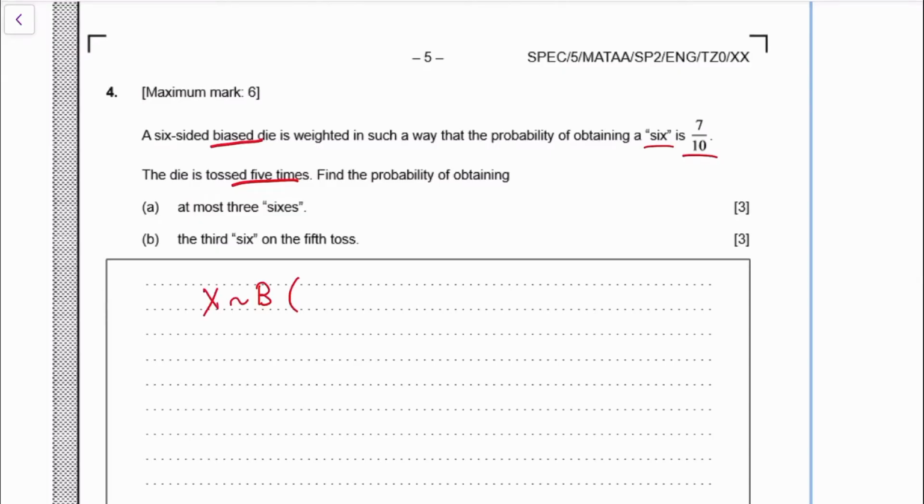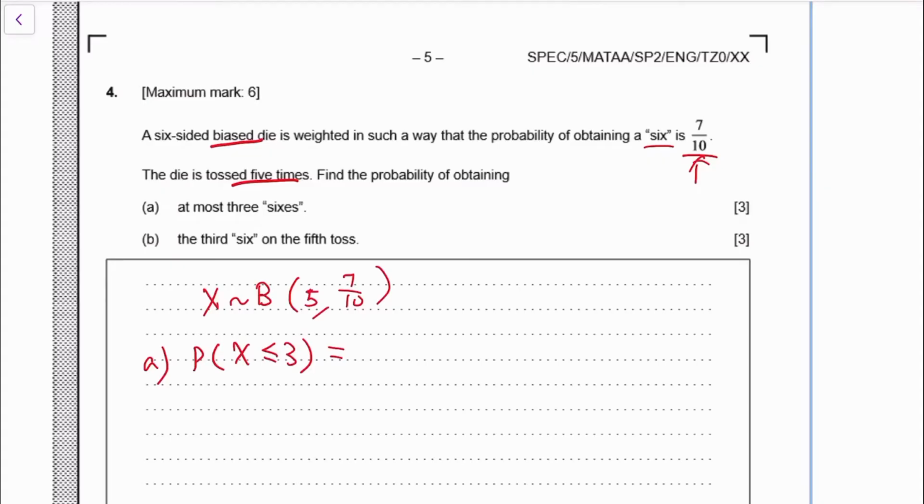The number of trials is 5. Success probability is the probability that you get a 6. So A is the probability that X is at most 3, so it's less than or equal to 3. This is obviously something you can do with GDC. Typical calculator. You go to statistics, distribution.